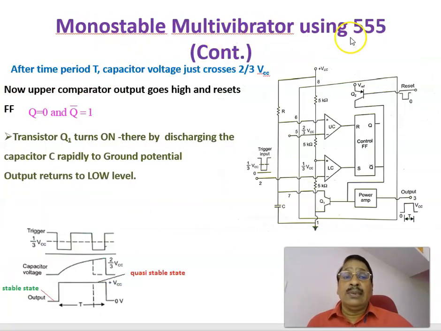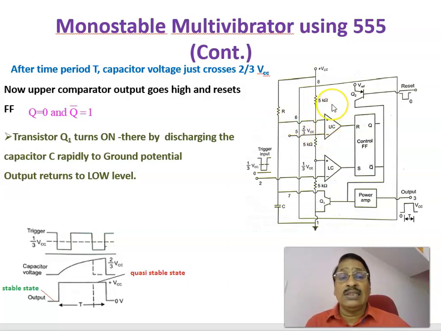Continuing the monostable multivibrator working. After the time period capital T, during that period it is in the quasi-stable state. After time period T, the capacitor voltage just crosses 2/3 VCC, because here already 2/3 VCC is coming.